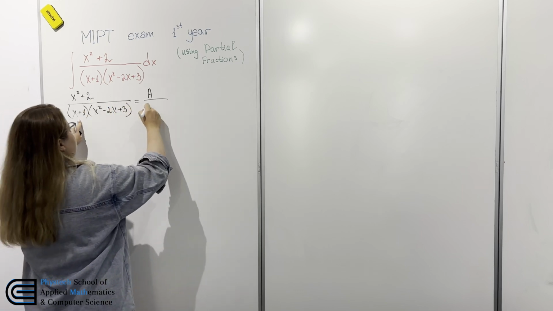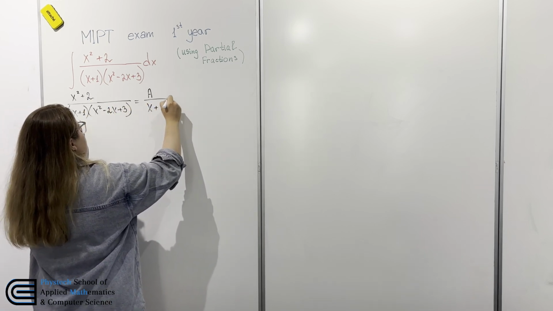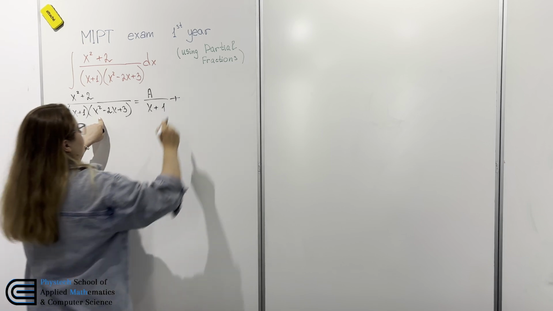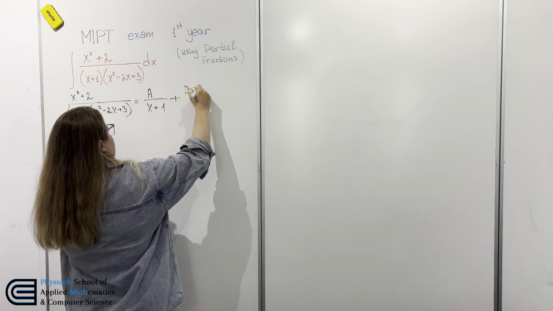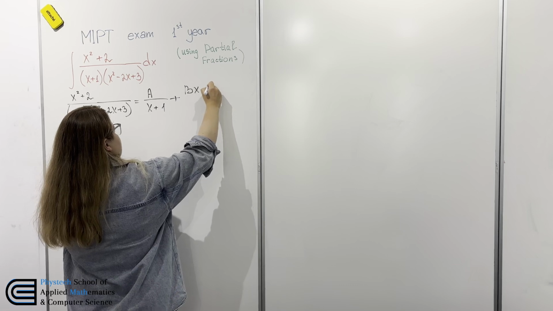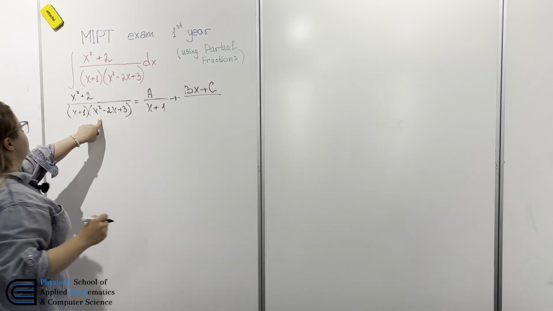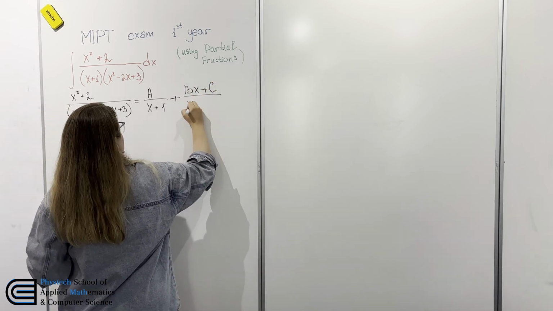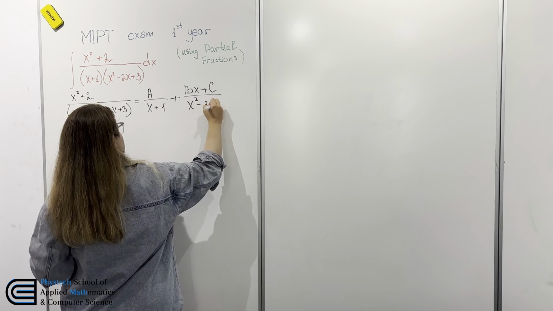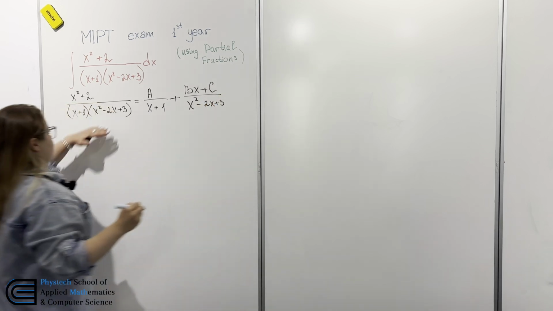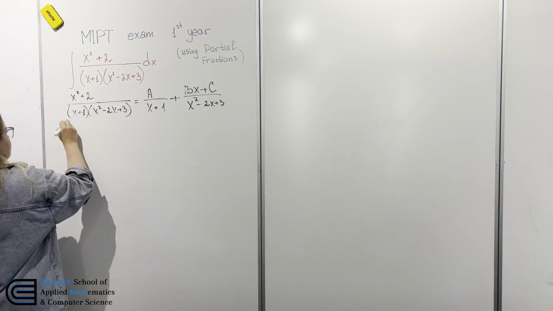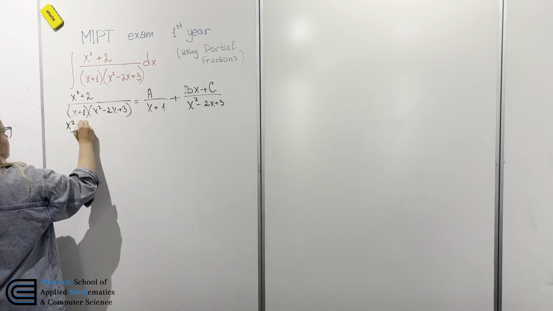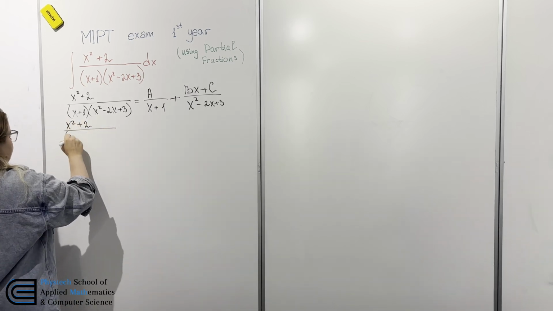The sum: A divided by x plus 1, plus here will be Bx plus C divided by x squared minus 2x plus 3. So let's see what we'll obtain here.